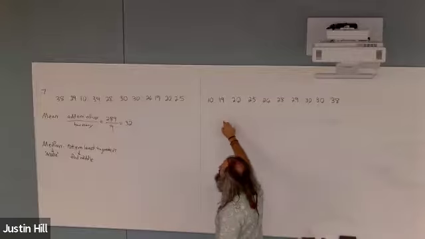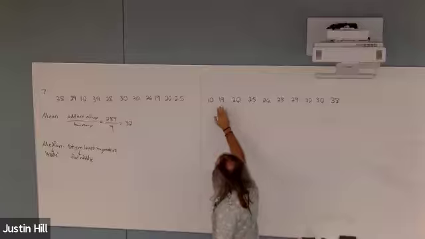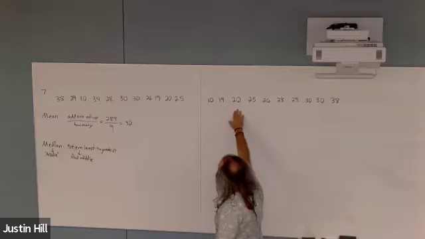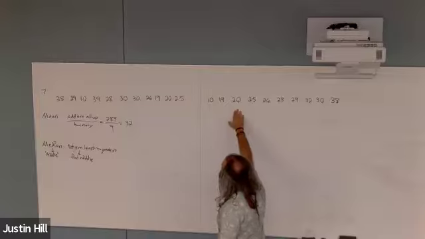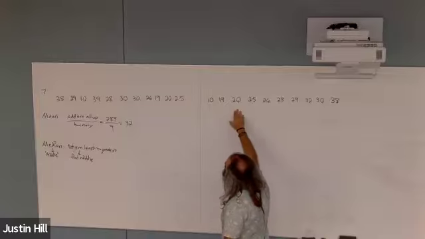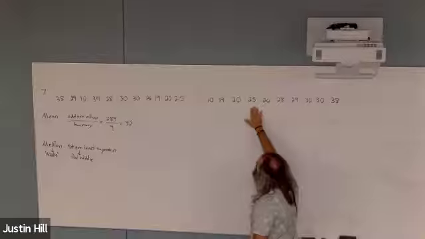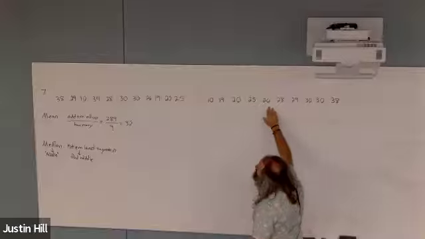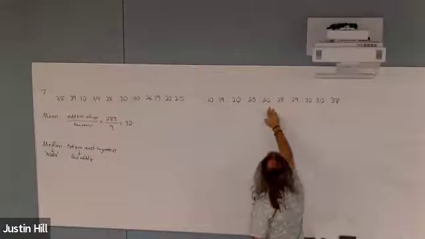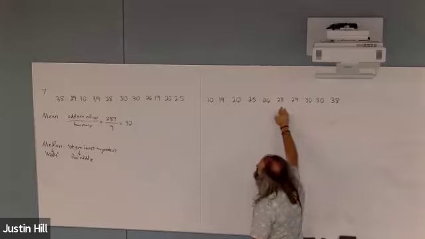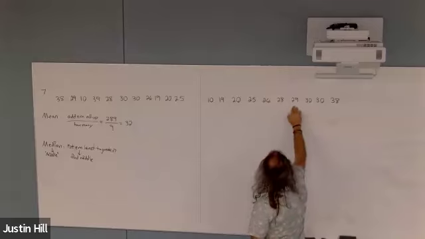What did I not copy down here? So we have a 10. 20. 25. 26. 28. 29.